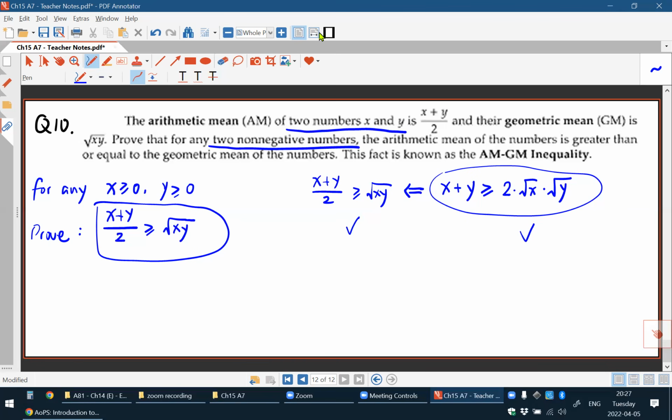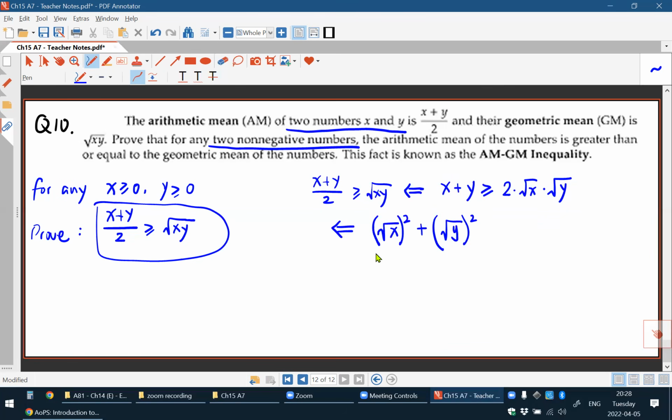All right, so how can we prove the right side is always correct? Note here x can be rewritten as the square root of x squared, and y can be rewritten as the square root of y squared, right? Why? Because x and y are non-negative. That's why we can rewrite them in this way. So as long as we can prove this one is correct, and this one is correct, and this one is correct, right?